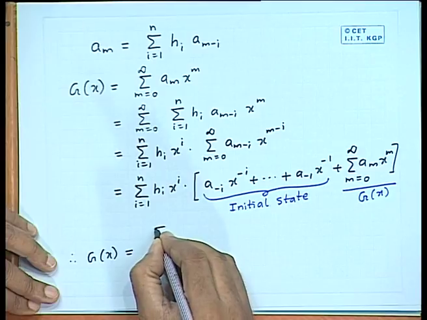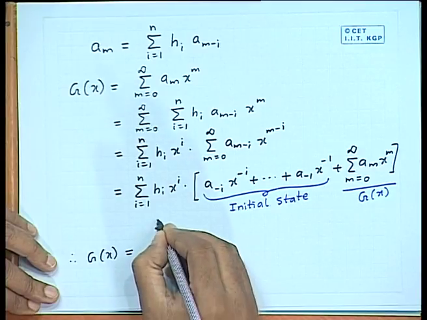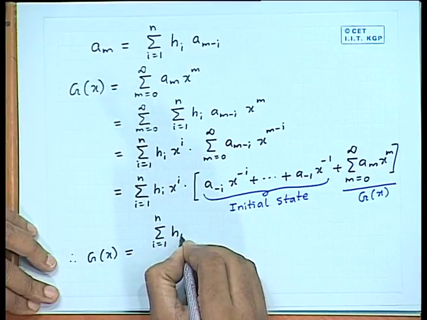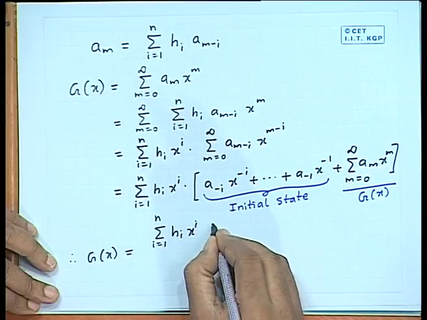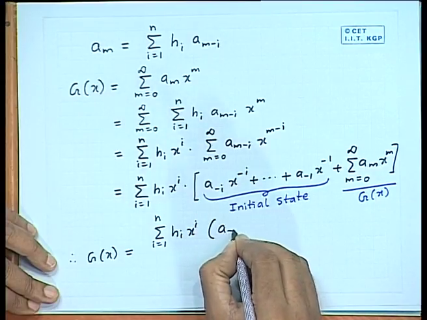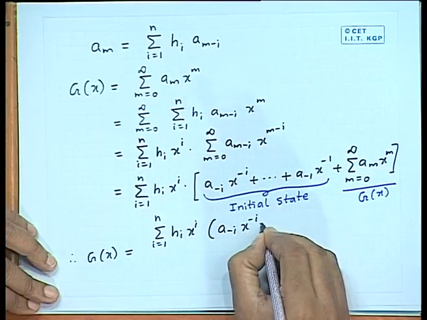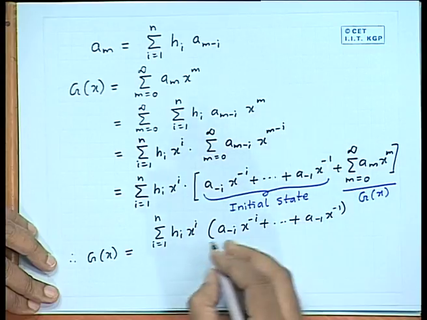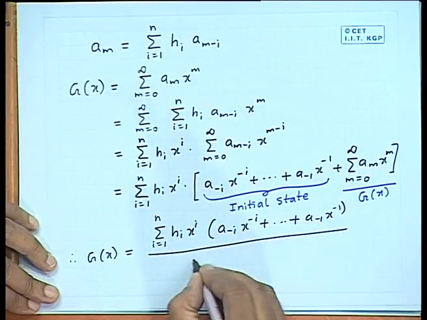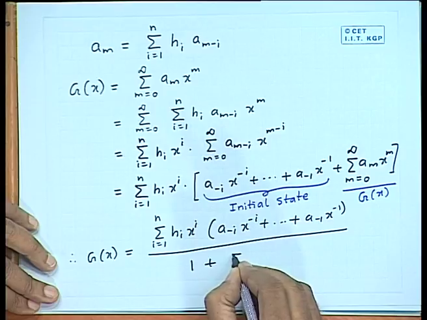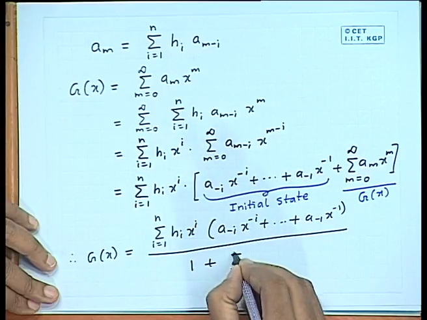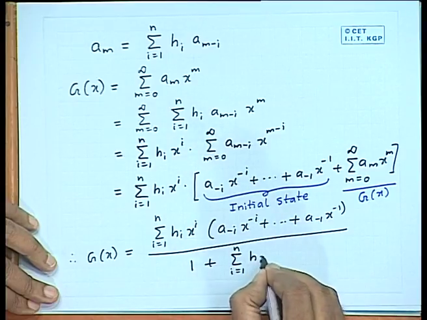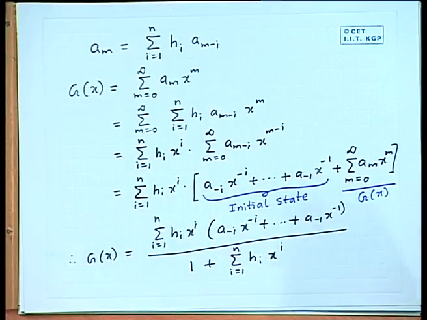G x becomes equal to summation I equal to 1 to n h I x I times this part a minus 1 x to the minus 1, divided by 1 plus summation I equal to 1 to n h I x I. So, this is the final expression for the generating function.